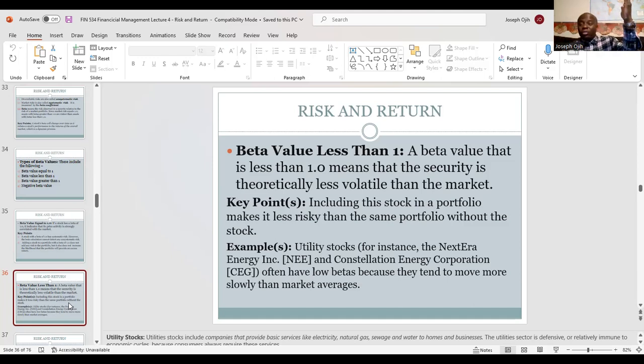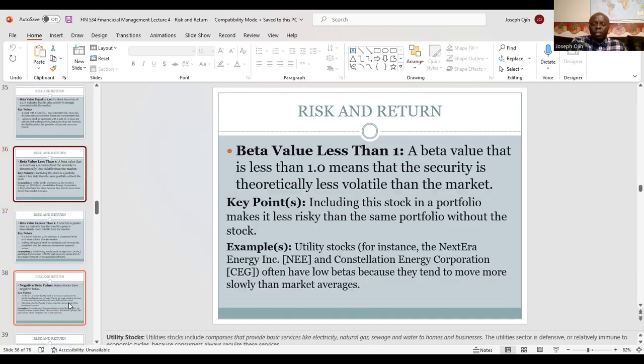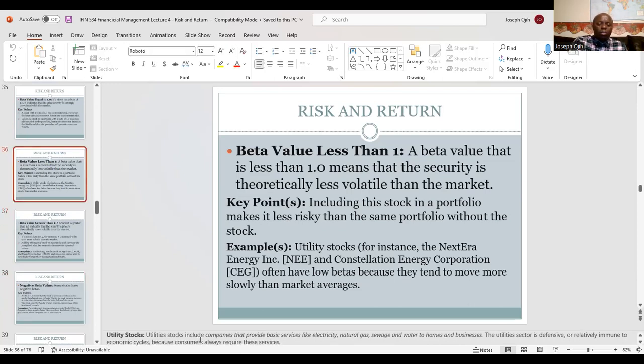They need to light their houses, to warm their houses during the winter, or to cool their houses during the summertime. We say that the companies that provide these services are defensive companies, because they are relatively immune to economic cycles, because consumers always require their services.